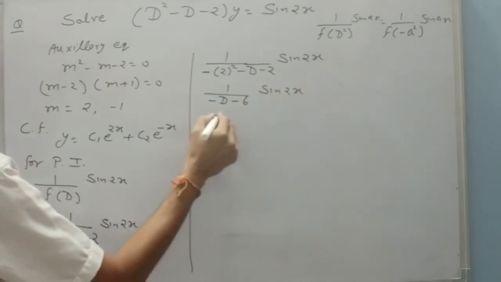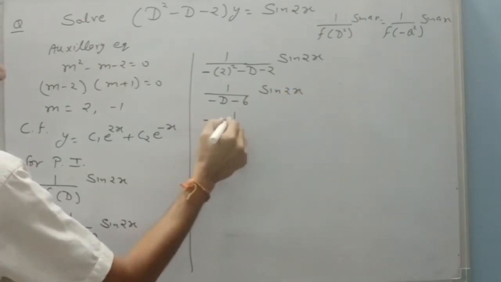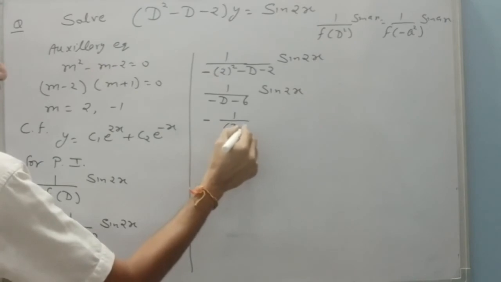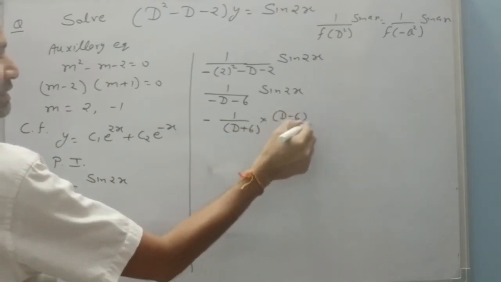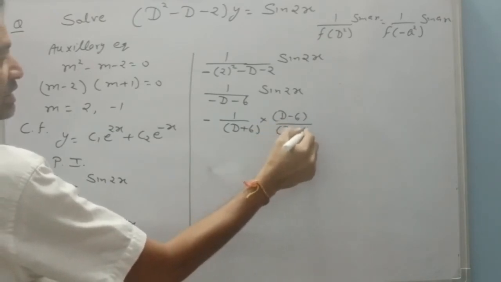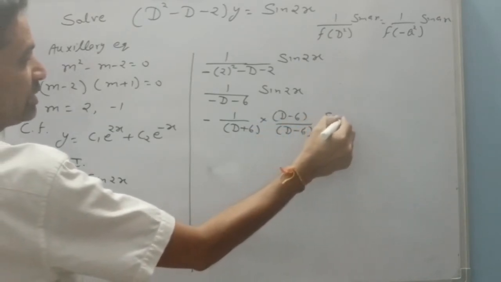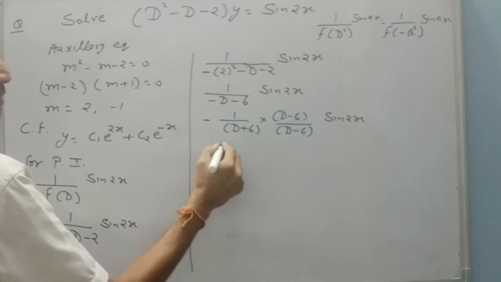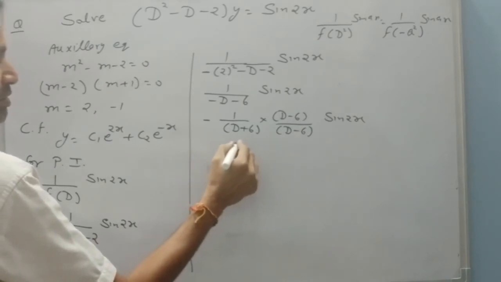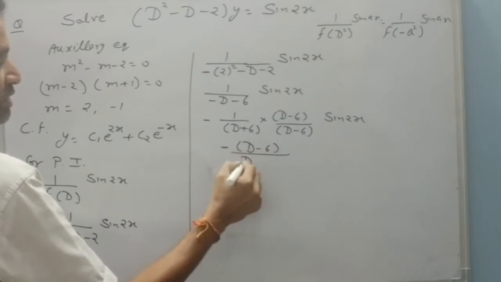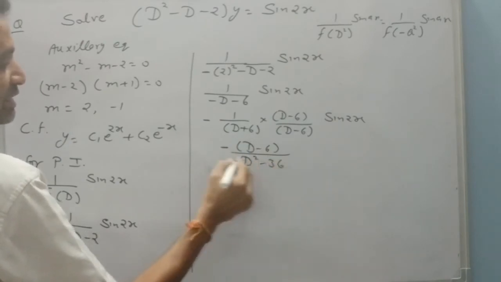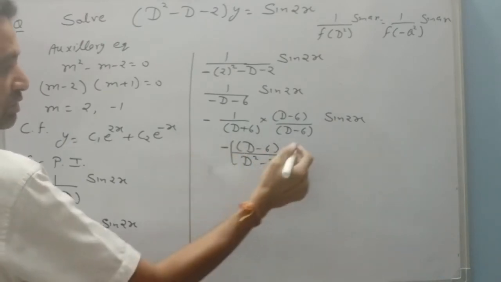Now just take the minus out, and that is 1 upon D plus 6. Just rationalize it, D minus 6 of sine 2x, that becomes 1 upon D minus 6 upon D square minus 36. The minus sign is out already.